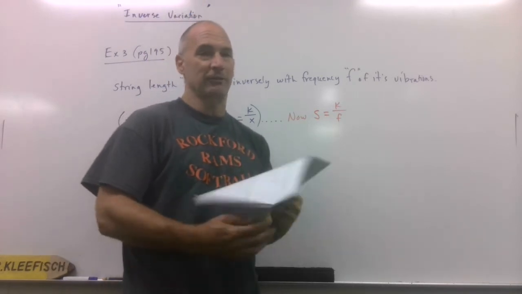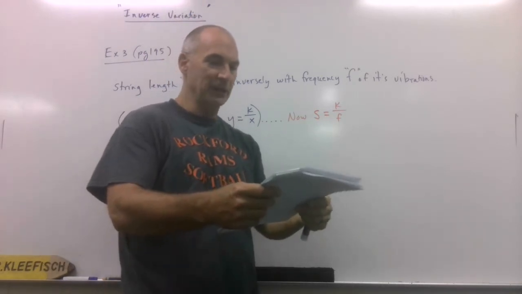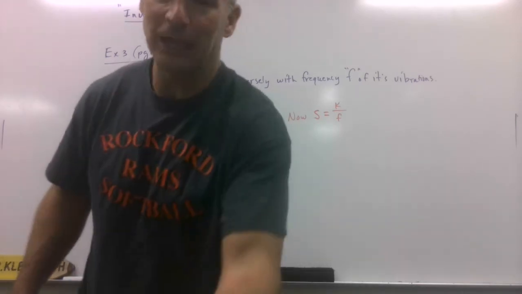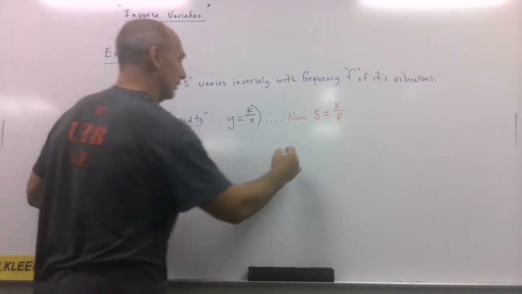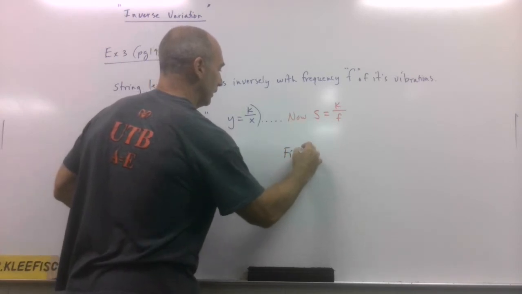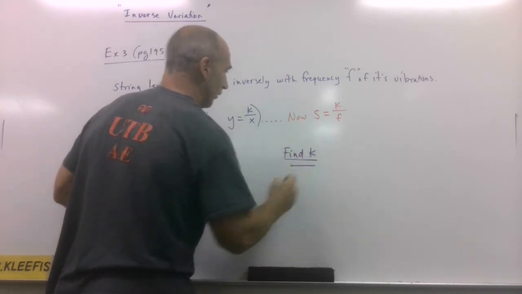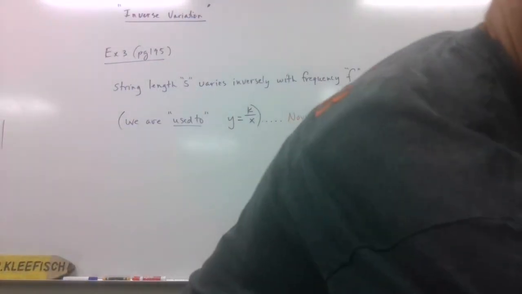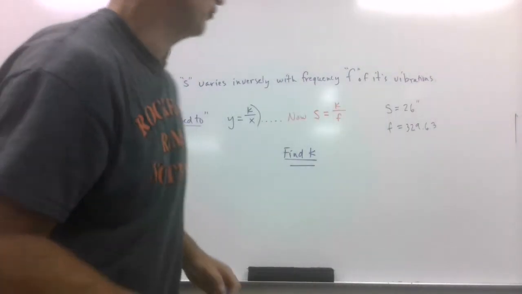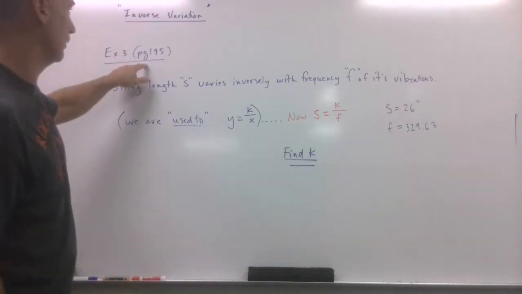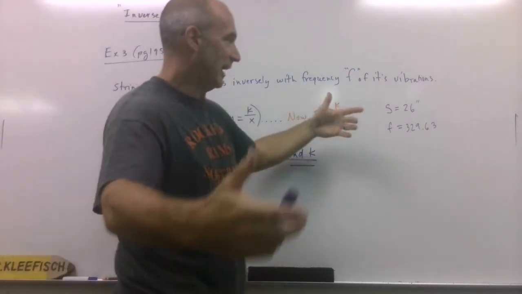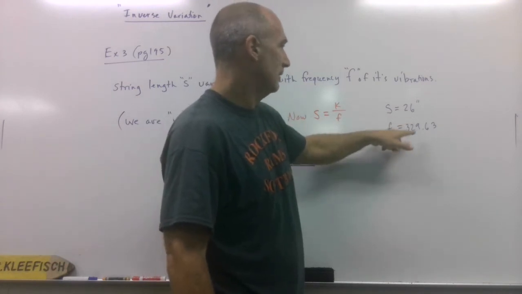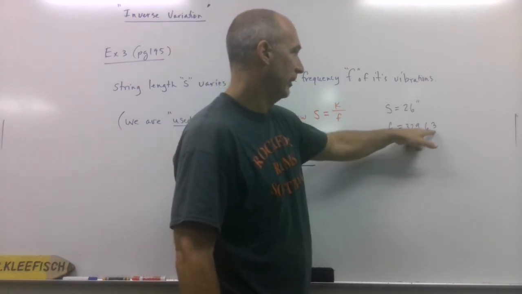Now the question is, they're going to say, find the equation representing the inverse variation. Now, don't be intimidated. That just means find K, all right? So, pause. The given information here, if you read the story problem on page 195, they say the frequency of a 26-inch string is 329.63.